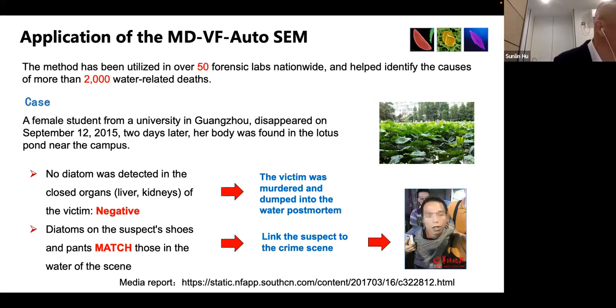No diatoms were detected in the closed organs of the victim, which supported that the victim was killed and subsequently dumped into the water, while the diatoms detected on the suspect's pants and shoes matched those in the water of the pond, which linked the suspect to the crime scene. In 2017, the suspect was convicted of murder and sentenced to death.